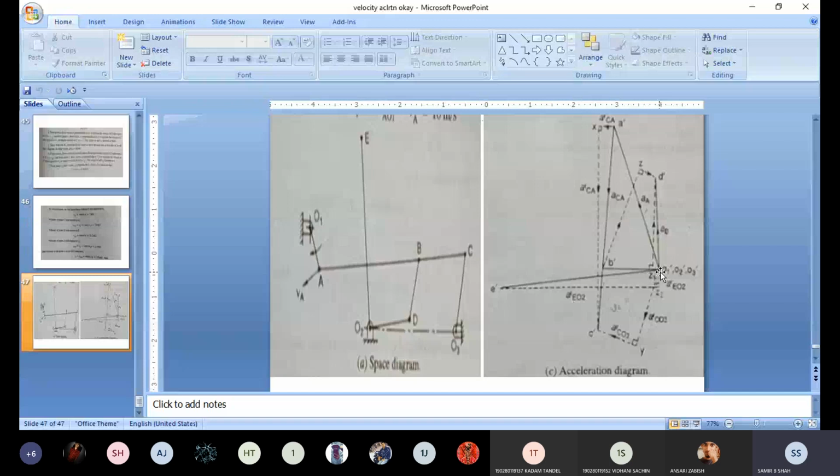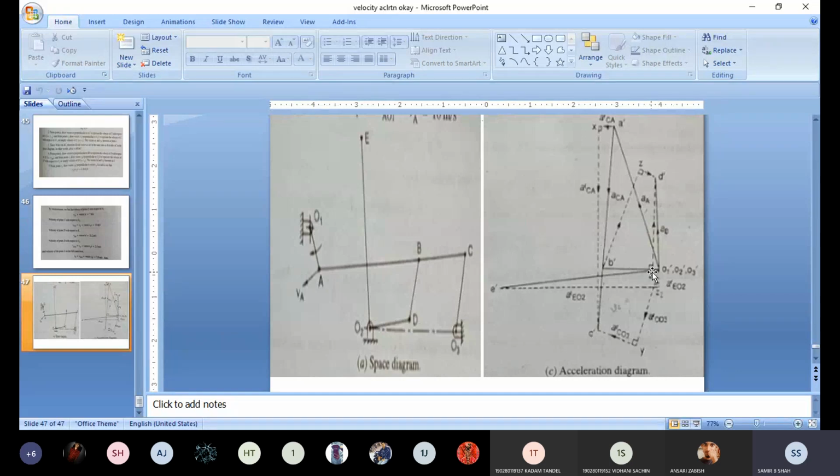So from O2 dash I am getting 3.9, near to 4 mm, the radial part of O2D, which is parallel, and it is indicated in the acceleration diagram as O2 dash Z1.